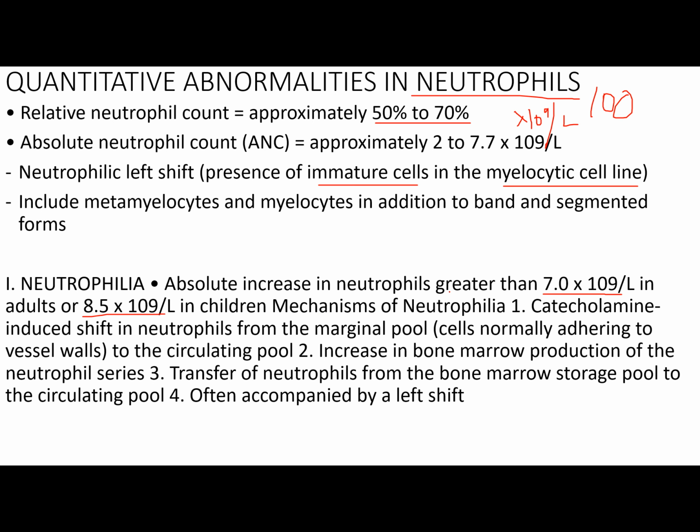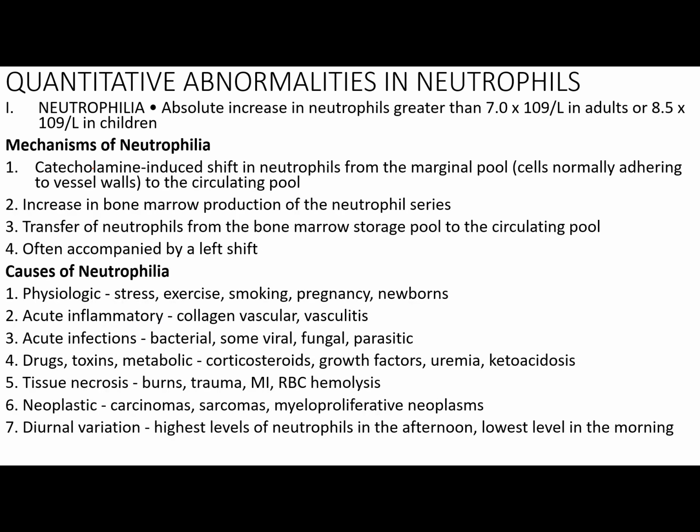Now, mechanisms of neutrophilia, class, would include catecholamine-induced shift in neutrophils from the marginal pool, cells normally adhering to the vessel wall, to the circulating pool. So if a person takes catecholamine drugs, class, this can induce increased neutrophils. Then, increase in bone marrow production of the neutrophil series, and transfer of neutrophils from the bone marrow storage pool to the circulating pool.